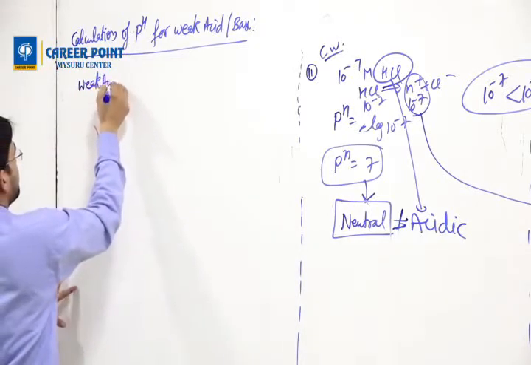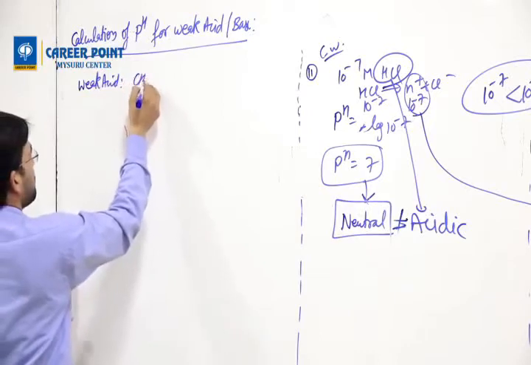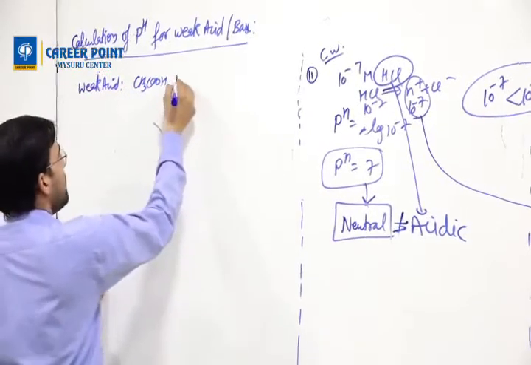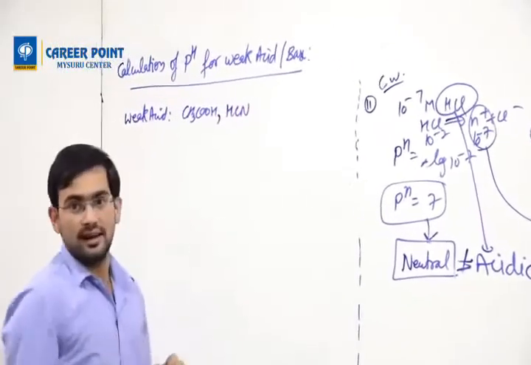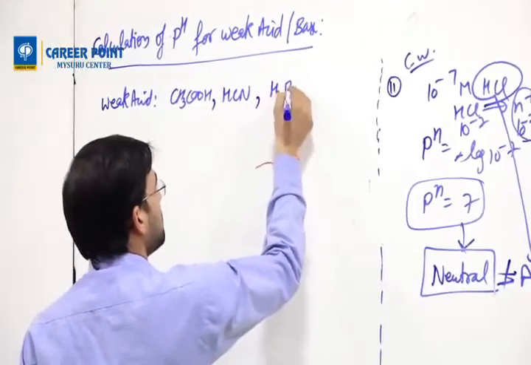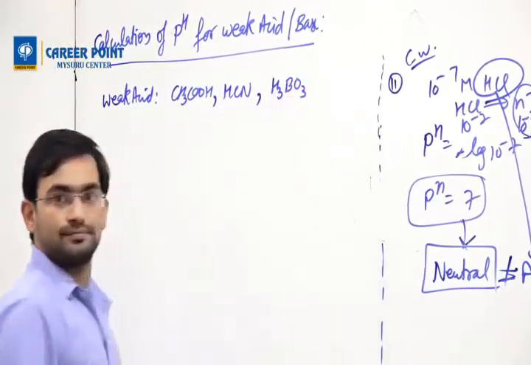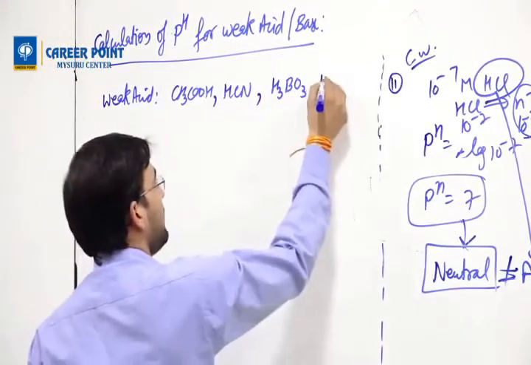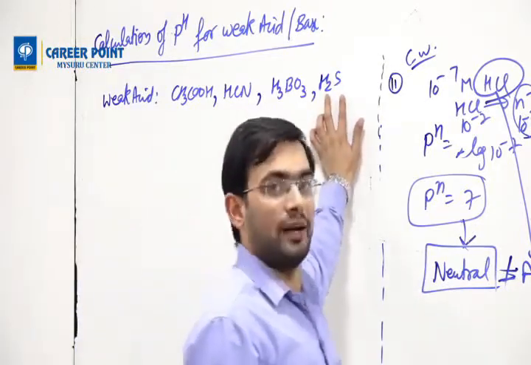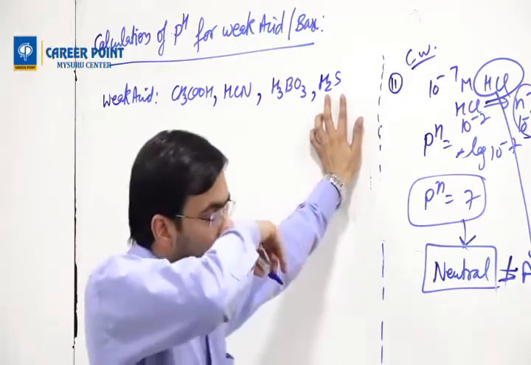Weak acids are, the first strongest and common is acetic acid. Then we have HCN, hydrocyanic acid. Then we have H3BO3. Then we also have H2S, which is a gas, but you can compress it to liquid, then it will become a weak acid.